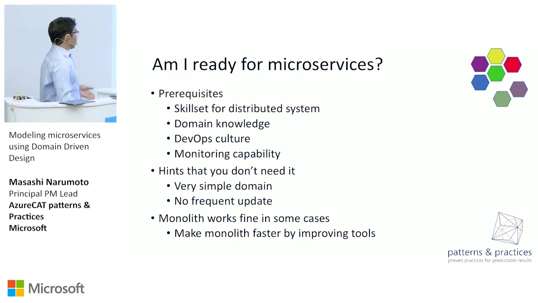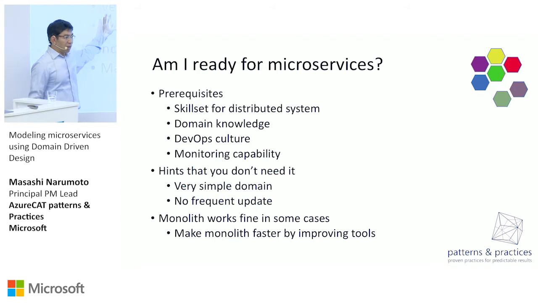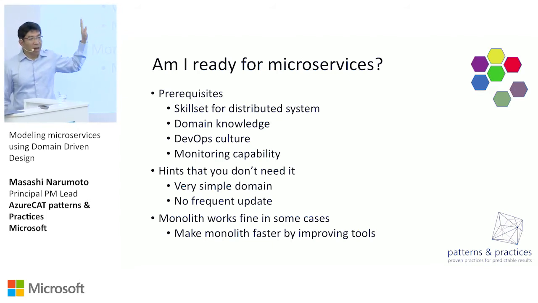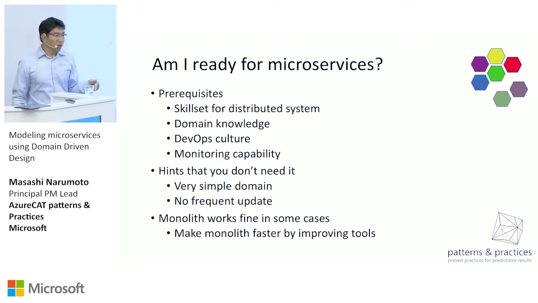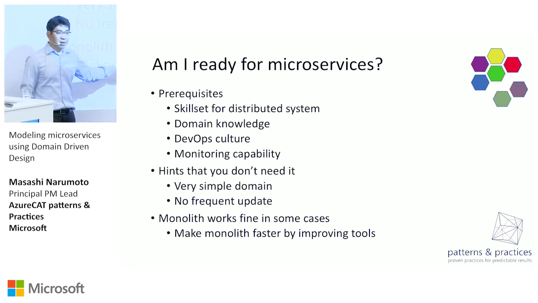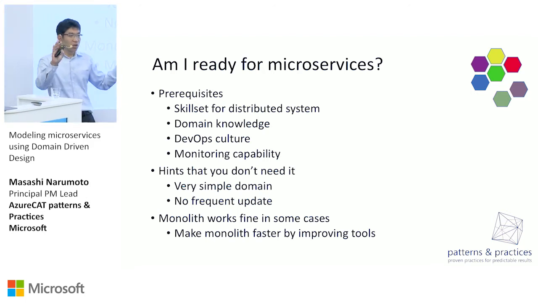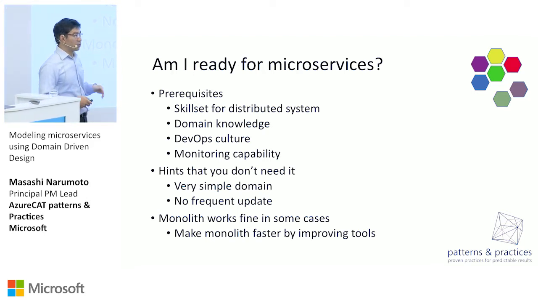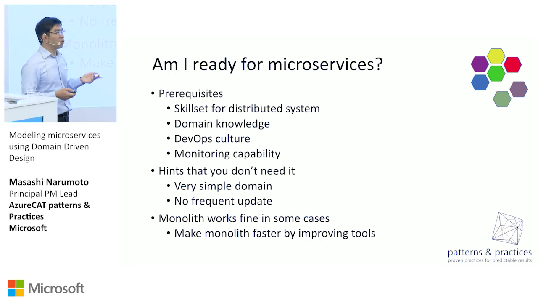So if this is the case, then you decide not to go down the microservices path. You can still make the monolith, I mean the current architecture, some sort of distributed system, faster, because there are lots of tool chains around the current architecture, right? And people are doing this.